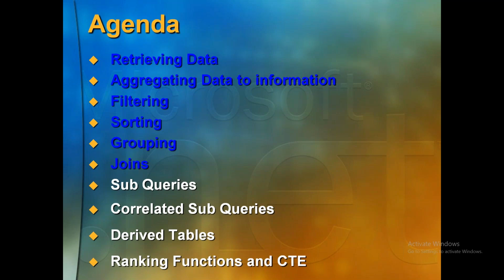Tomorrow we are going to discuss correlated subqueries, and we'll see the difference between normal subqueries and correlated subqueries. Once that is over, then in Monday's class probably we'll discuss derived tables, and Tuesday and Wednesday we complete ranking functions and CTEs. Clear? So next week we'll complete queries, right?